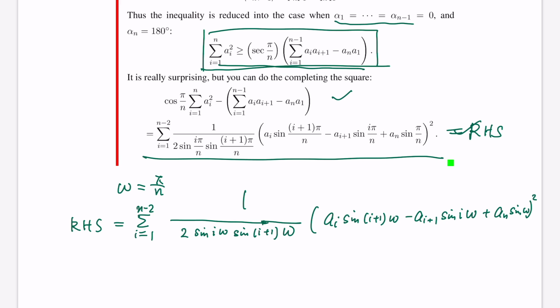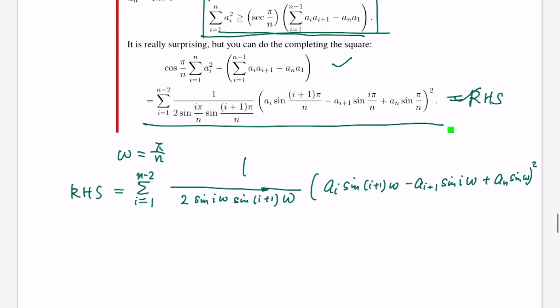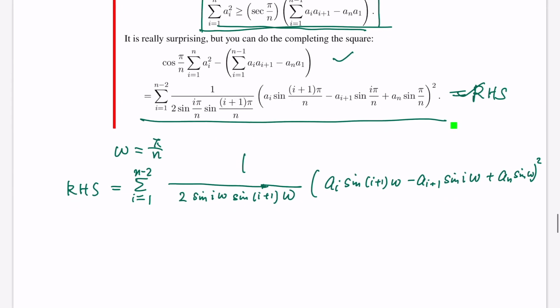In order to do that, I expand the right-hand side, and I write this as sigma i from 1 through n minus 2 of sine i omega sine (i plus 1) omega.